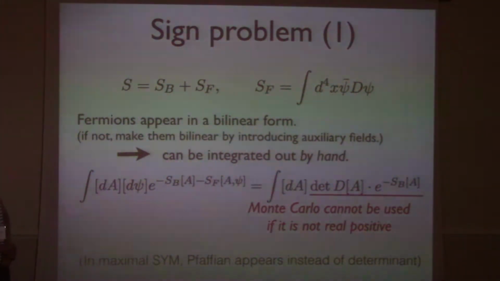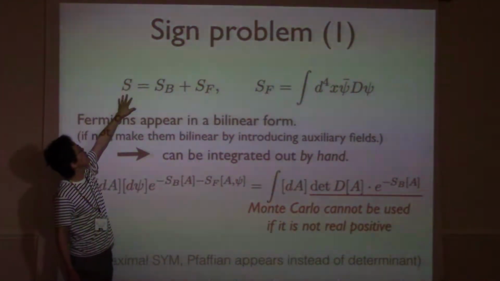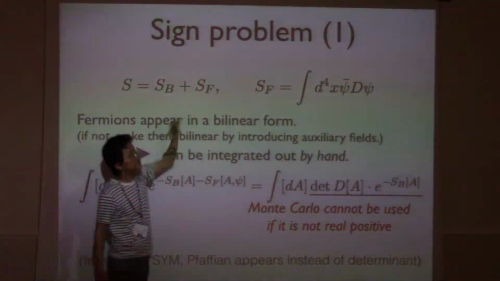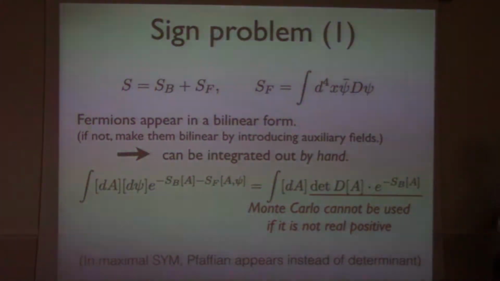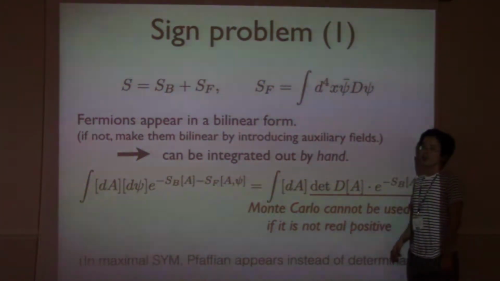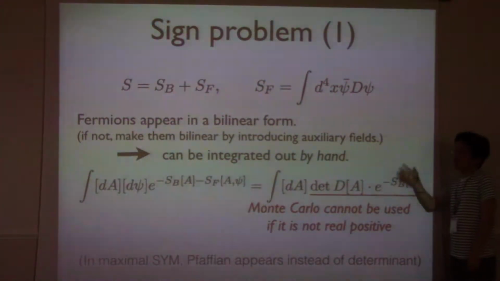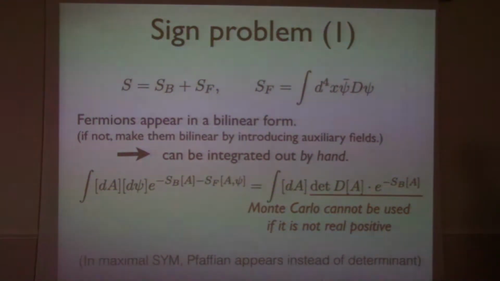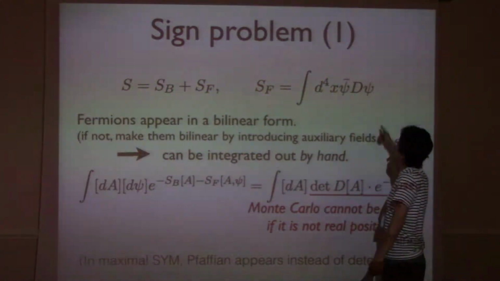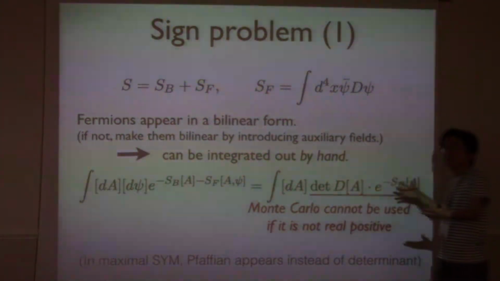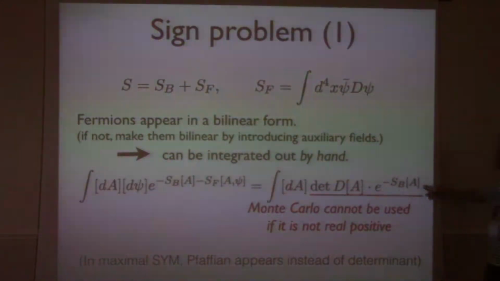Okay, so what was the sign problem? Let me repeat again. In general, we can write the action as a bosonic part plus a fermionic part, and the fermionic part is written in this form, a fermion bilinear. This is a Dirac operator, which in general depends on the bosonic field. Then we can integrate out the fermion by hand, and we get this effective action.